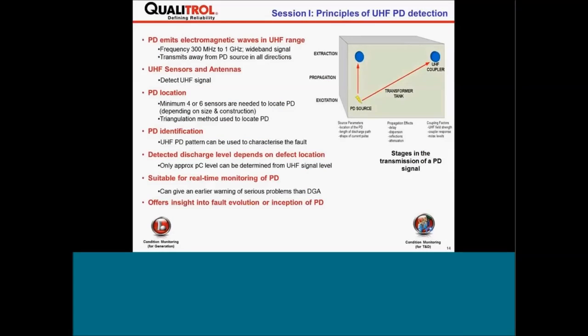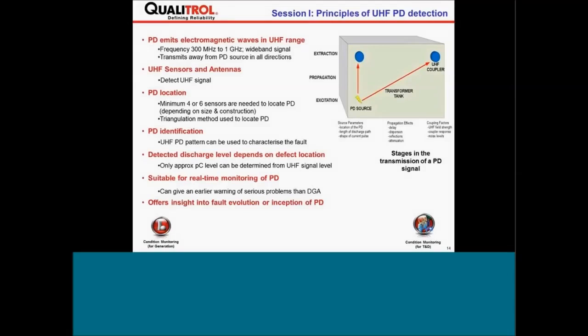What is the principle of the UHF technology? How do we detect PD? Well, when a PD happens, it's a microspark. It's a very fast current pulse, and when the discharge happens, it emits sound, it emits light, but also emits electromagnetic wave, similar to the interference in your car on the radio and due to the spark plugs.